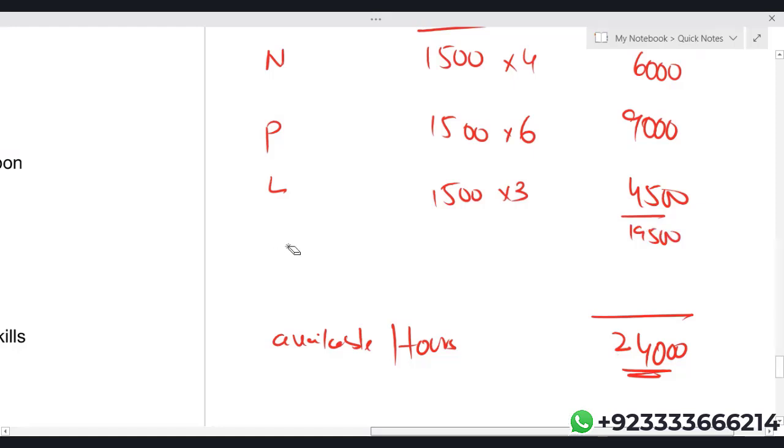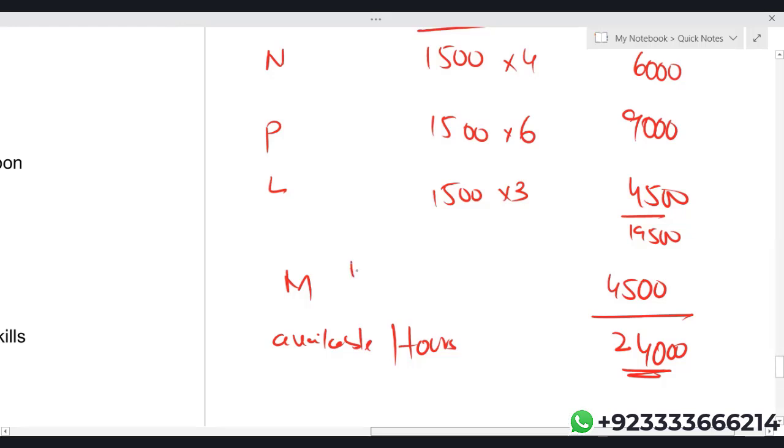Now, how many units of M will we be producing? For that, we need to see how many hours we have. Out of 24,000, we have utilized 19,500. So 24,000 minus 19,500, the balancing figure, the remaining hours left, is 4,500 hours. How many units can we manufacture for product M?